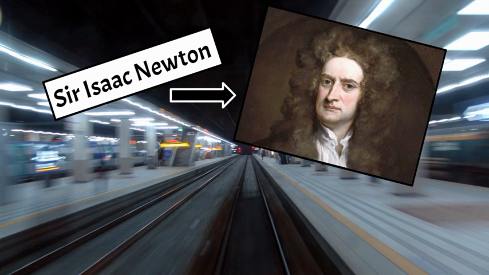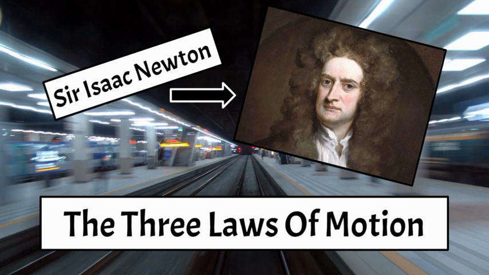It's not only a unit we use in physics, but this guy came up with the 3 laws of motion. All right, so we are going to take a look at the 3 laws of motion that Newton came up with. But before we jump in and define these laws, we're going to look at an example just to see motion, and this is going to help us understand the first law that Newton created.